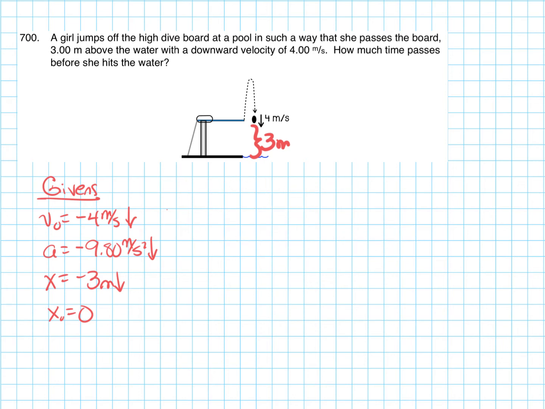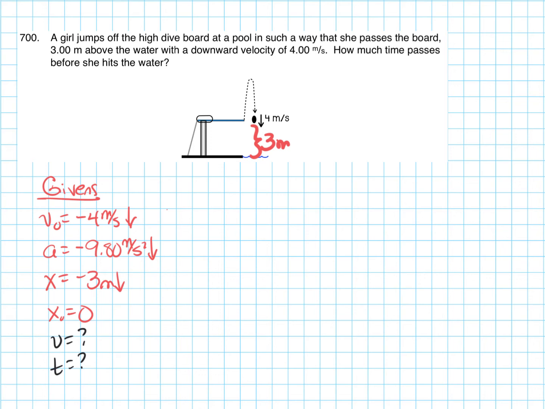Let's try another method. So if I had one more given over here, I could probably use a different equation, like v equals v naught plus at, because I'm looking for the time. But I don't have the velocity over here. If I just had some way of finding the velocity, then I'd be able to find the time in the second step. Oh, wait a minute, I could do that.